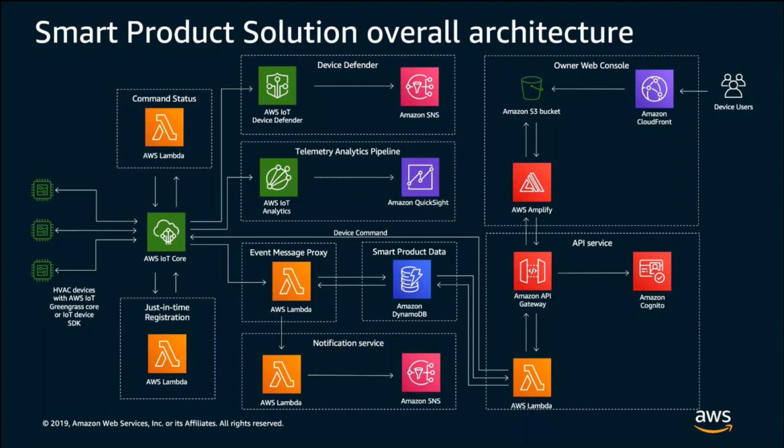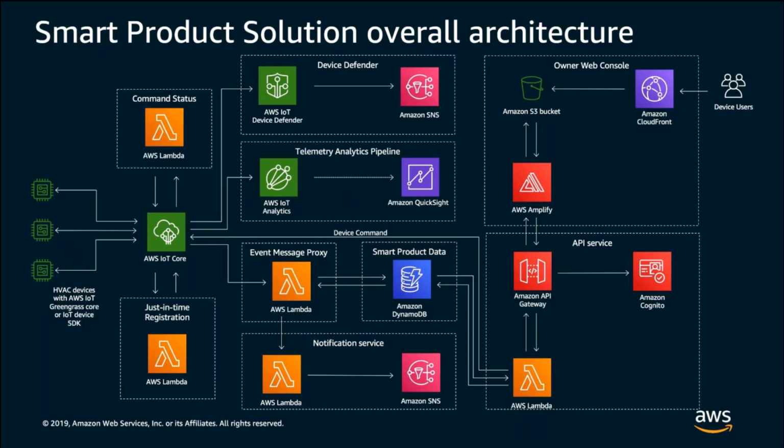The features of the Smart Product Solution are just-in-time registration, event message proxy service, remote command service, telemetry analytics pipeline with AWS IoT Analytics, Device Defender, and API service for the owner web console.